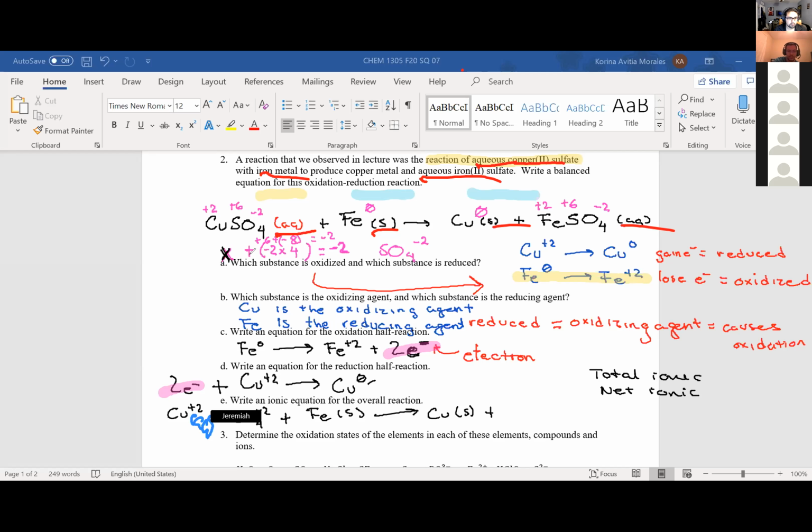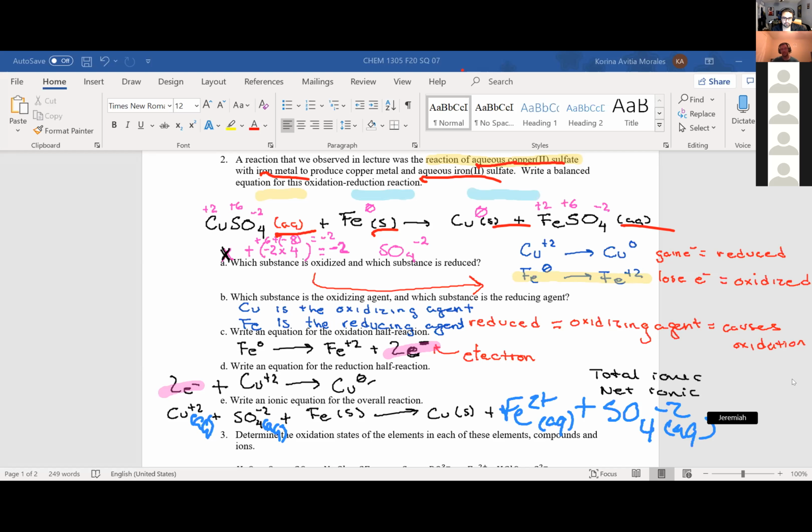So that one's aqueous, this one's aqueous, solid, solid. I'll just continue this real quick. So it's copper and iron 2+, aqueous, and then sulfate. So it's mostly going to be given if it's aqueous and solid, right?